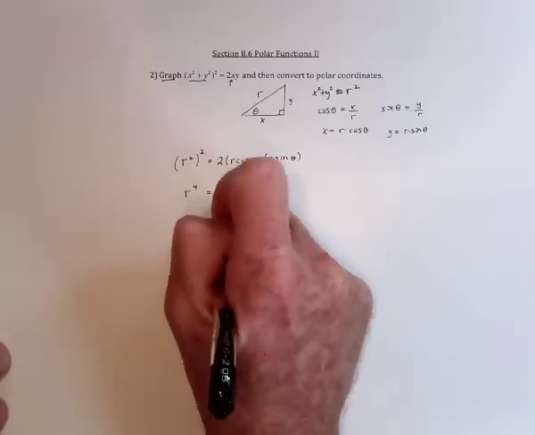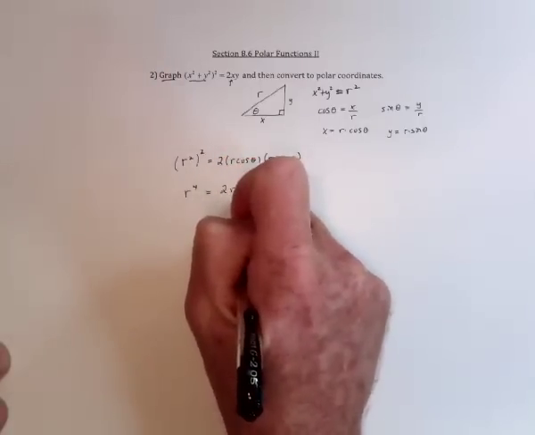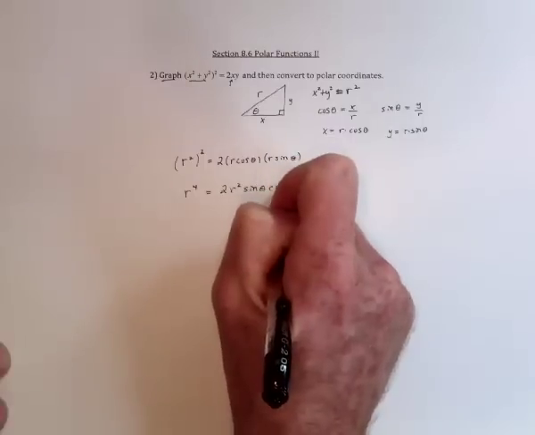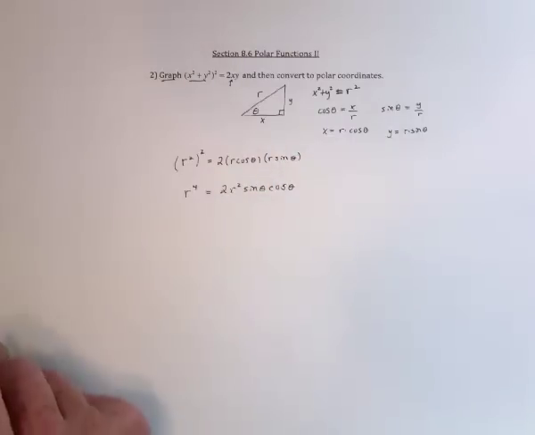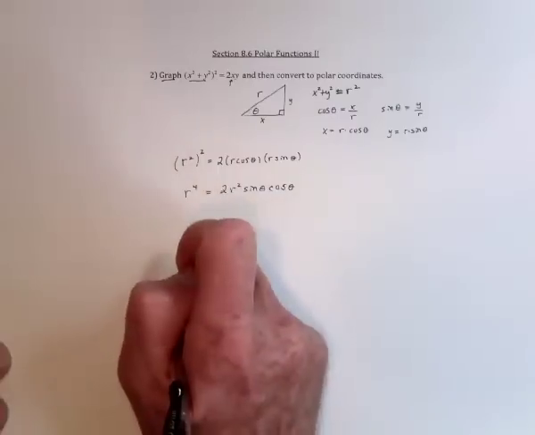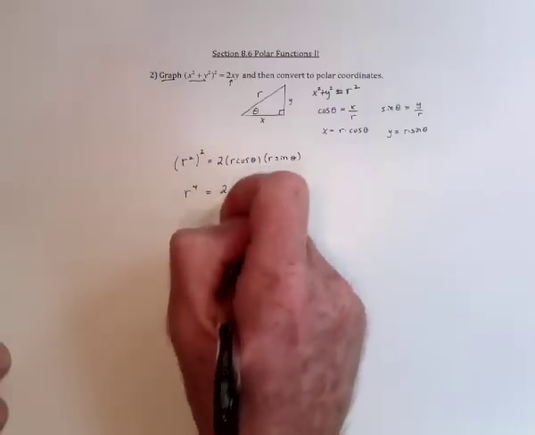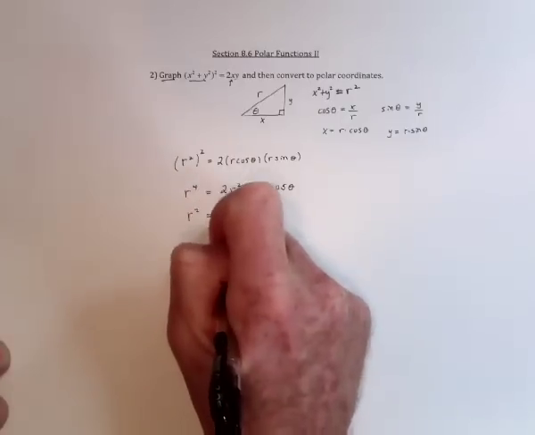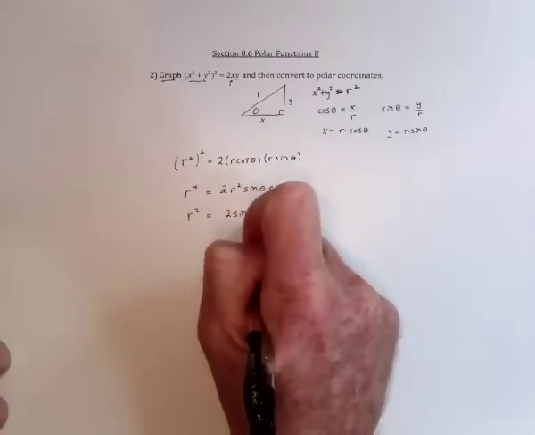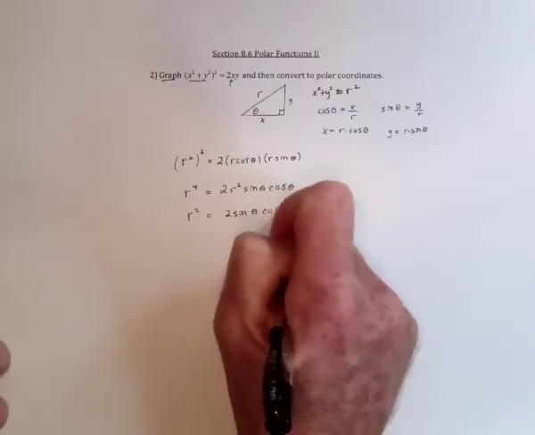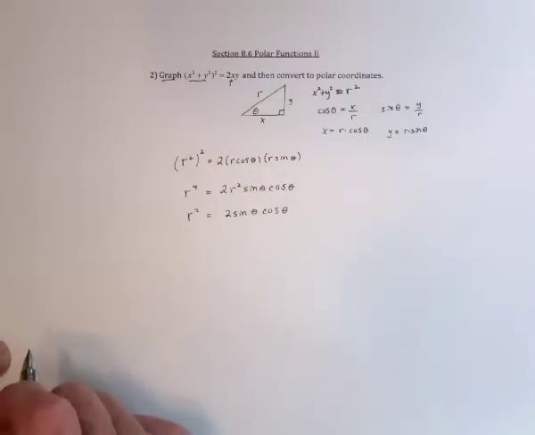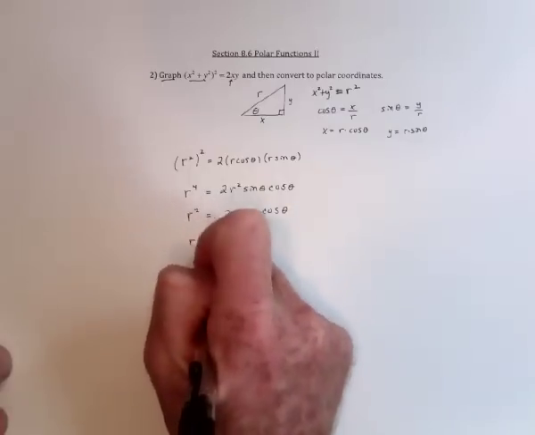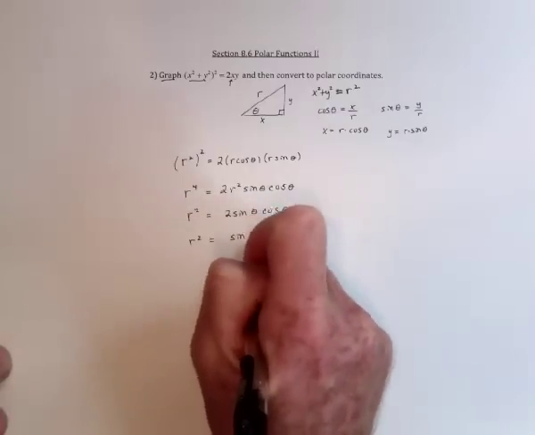This is going to be 2r squared, and then I'm going to put them in order: sine of theta, cosine of theta. You could divide out a couple of r's so that these are gone. So divide by r squared on both sides. And then there's even an identity for 2 sine of theta times cosine of theta, namely that's sine of 2 theta.